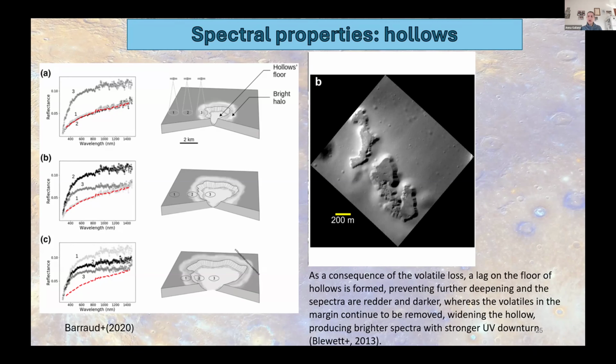And the spectra typical of hollows that are still active, typical of the edge of hollows, are characterized by spectra which are brighter and with a stronger UV downturn. You can observe in this image an area where the spectra of hollows which are active are brighter, and with a blue visible spectral slope. Instead, when the hollow formation stops, these spectra become darker and with a redder spectral slope.